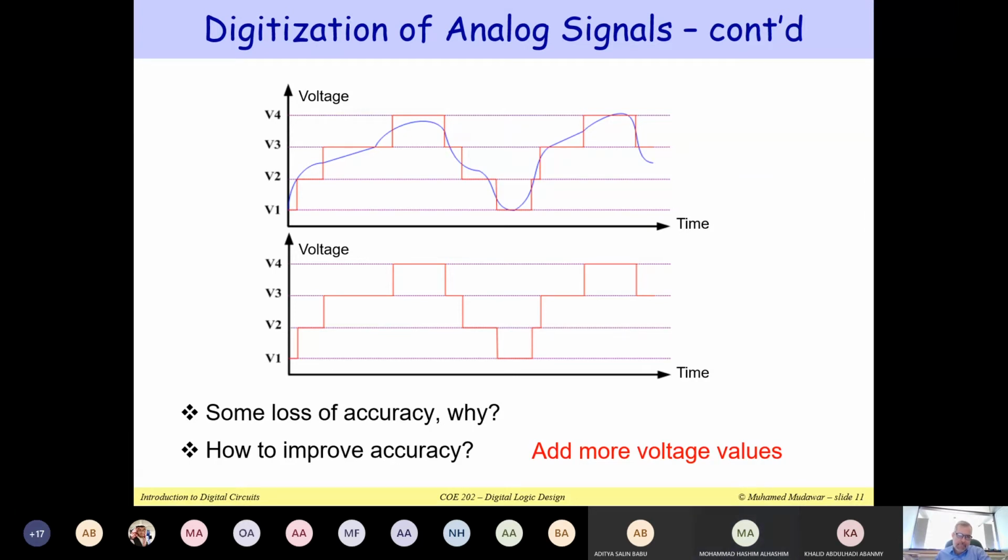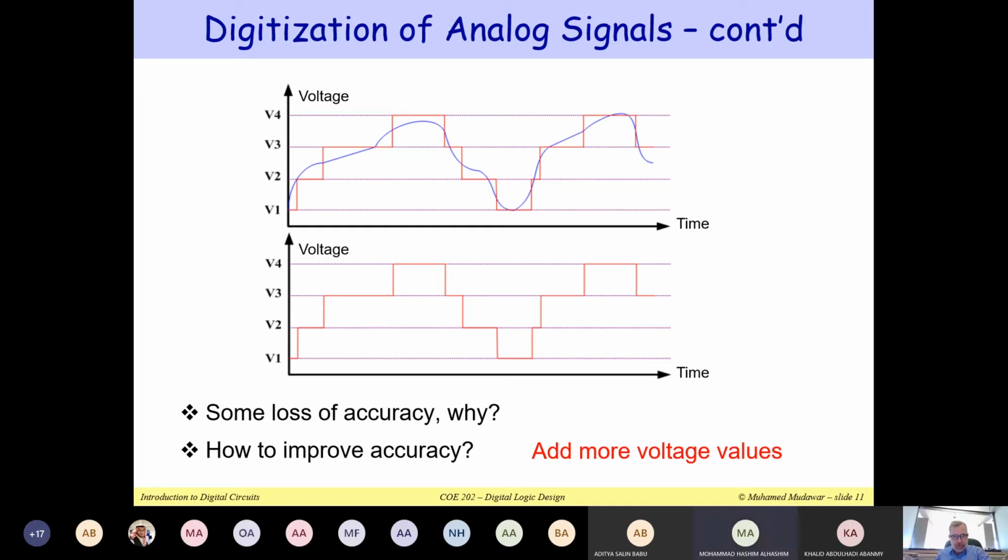So rather than representing the voltage with only 4 possible values, you think about V1 to V4 as 4 possible digits, and we are storing this digital signal using only 4 possible values from 1 to 4.